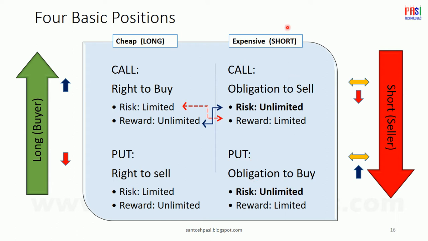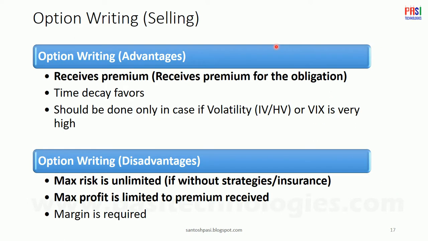Derivative value is not the underlying value but the derivative's premium. If premiums are cheaper, preferably go for longs, and if premiums are expensive, then go for shorting options. Now, as I told you, we focus on writing options, so you have to understand what are the good things about writing and what are the bad things about writing.